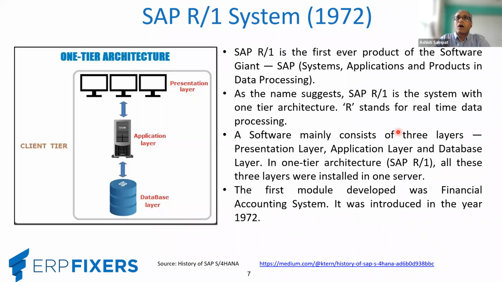Okay. So looking at the R1 system, real-time single tier, it established the presentation layer, application layer, and database layer in a single place. And that's how it was known as R1. Interestingly, it was purely a financial accounting system.